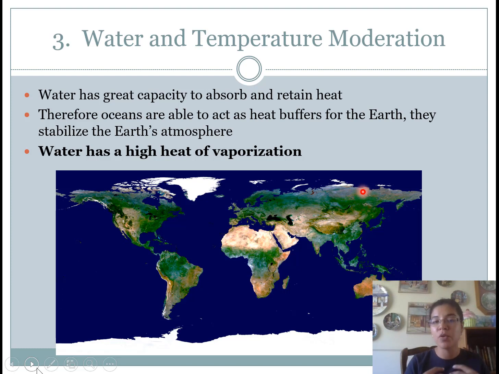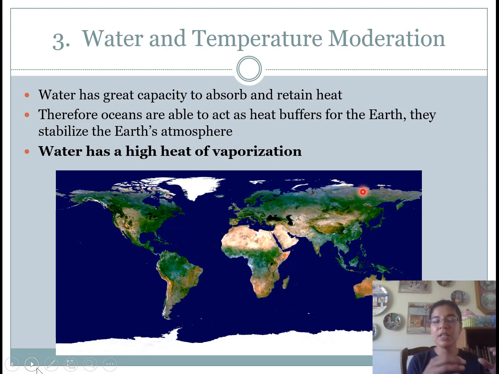Water will also have a role in cooling our body. Remember, homeostasis is maintaining a steady environment. So in our body, our core temperature is 37 degrees Celsius, 98.6 Fahrenheit. When it gets very hot, what happens? You start sweating. So that is evaporation, and it takes a lot of energy to actually break the hydrogen bonds holding water together.